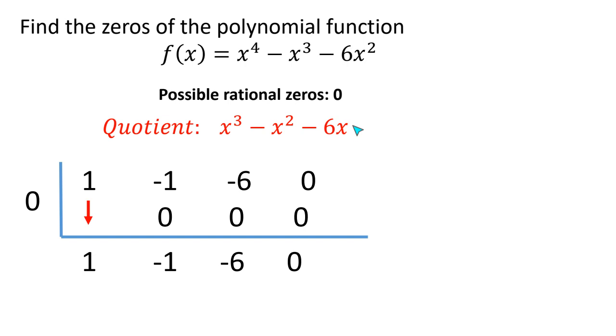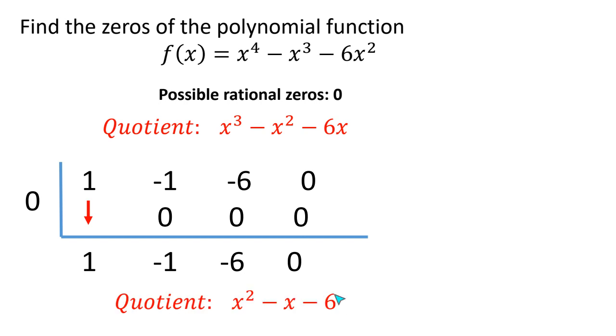My possible zeros are 0 again because I don't have a constant term. So now I have 1 for x cubed, -1 for x squared, and -6 for x, and then I have a 0. So bring down the 1 times 0 is 0, plus -1 is -1 times 0 is 0, plus -6 is -6 plus 0, and we get 0.